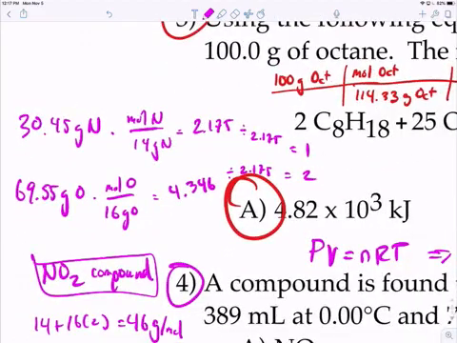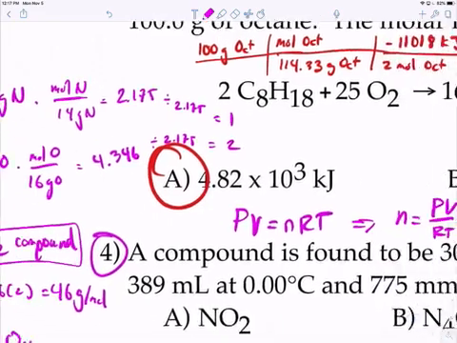So we have the 30.45%, multiplied by 100 grams, 30.45 grams of nitrogen, convert to moles, 69.55 grams oxygen, convert to moles, and we get 2.175 moles nitrogen to 4.346 moles oxygen. Divide both by 2.175, and we get a 1 to 2 molar ratio. So it means we have nitrogen dioxide as the empirical formula, so the lowest ratio formula.